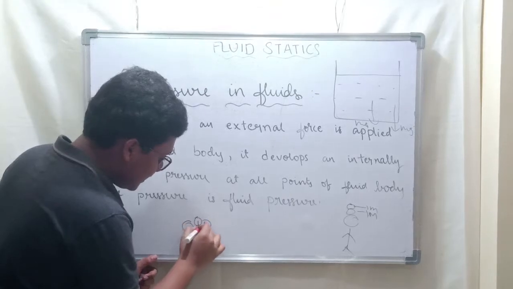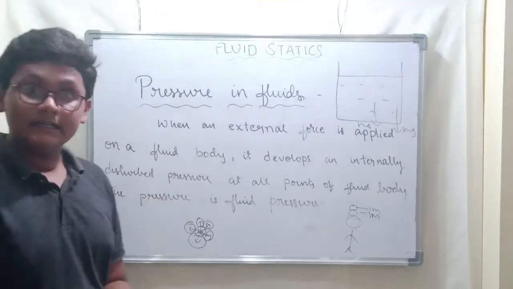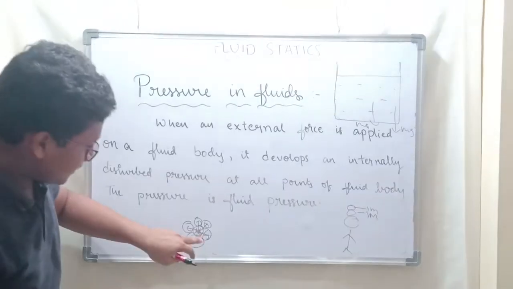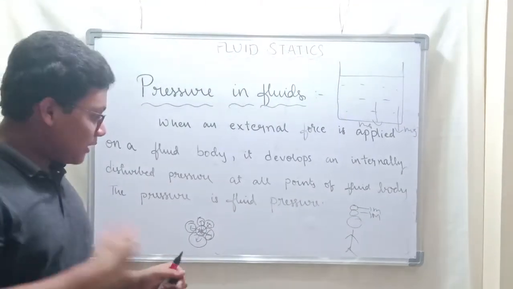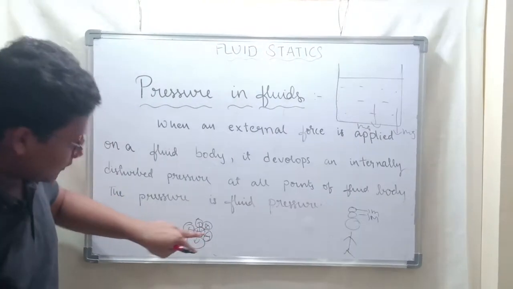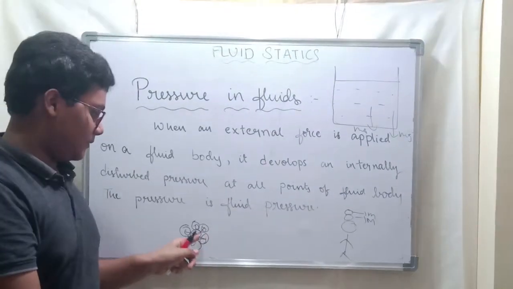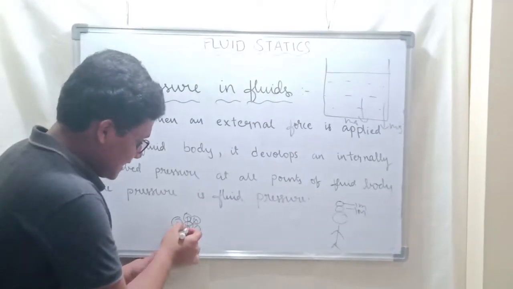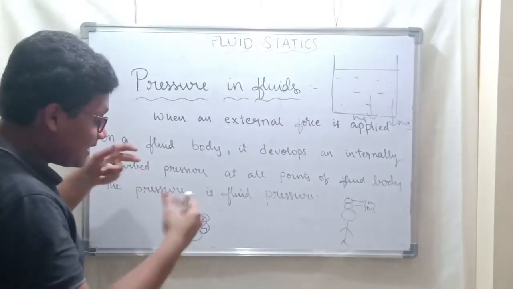Those all will exert, and this middle one will apply the pressure in equal quantities on every body. On 5 molecules, it will exert the equal pressure, and this exerts some pressure. Means this all will exert the pressure and it will get disturbed.